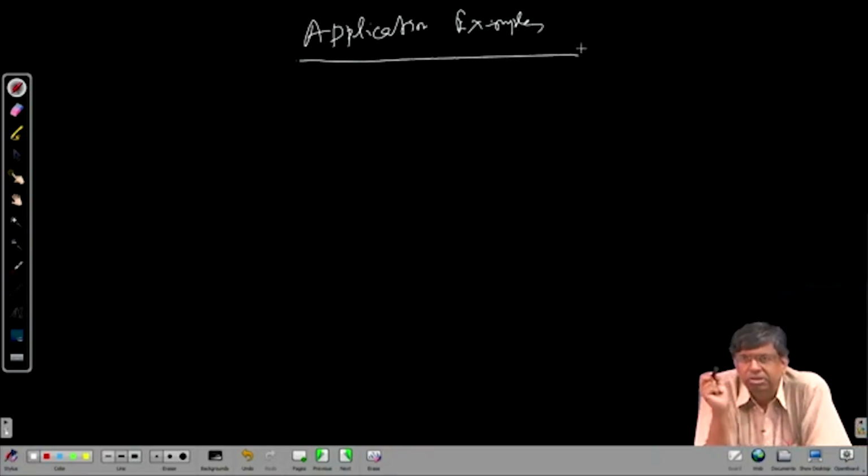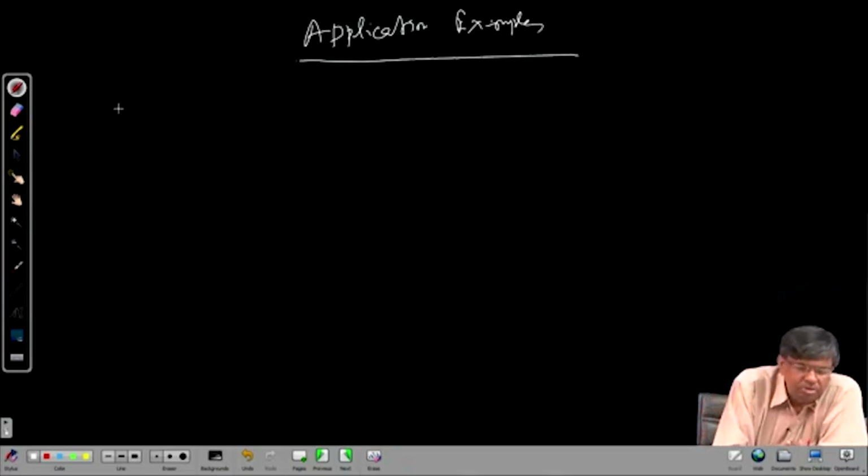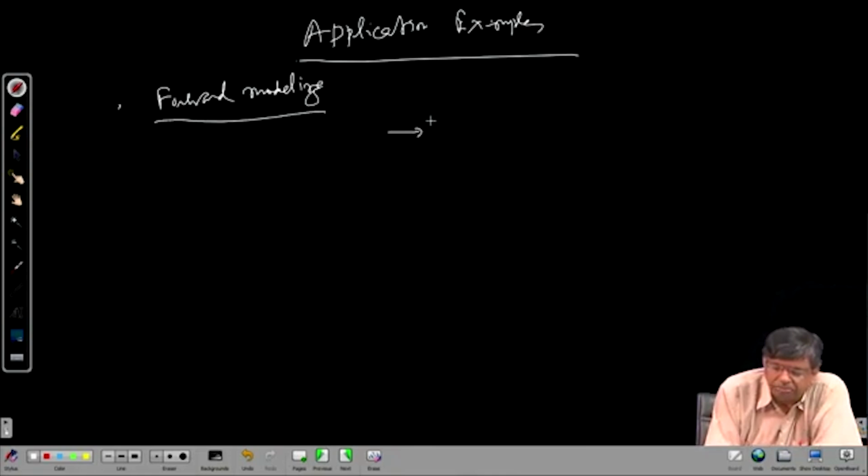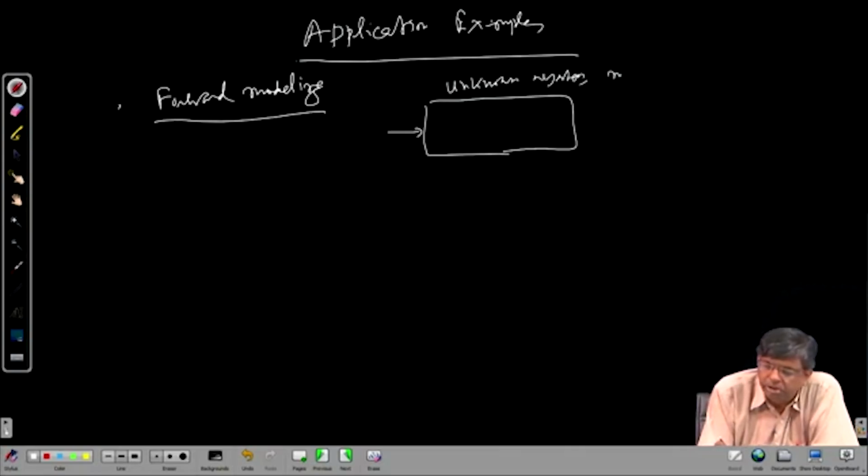These application examples can be classified into two types. First is forward modeling. Suppose I have got an unknown system, modeled as LTI, linear time invariant system, linear shift invariant system.